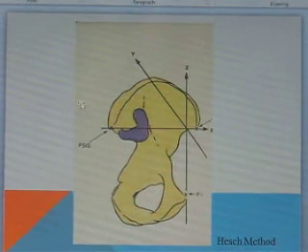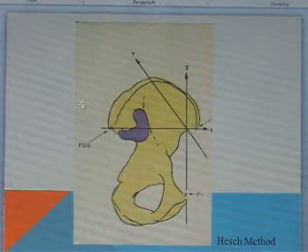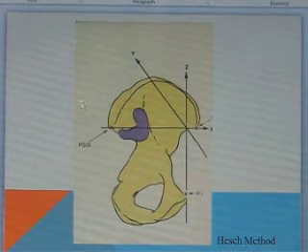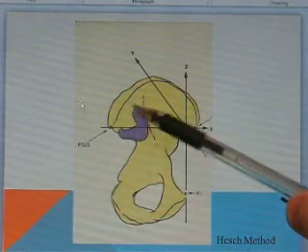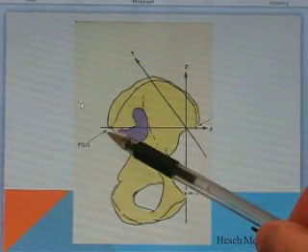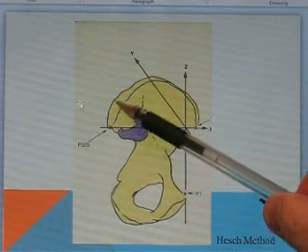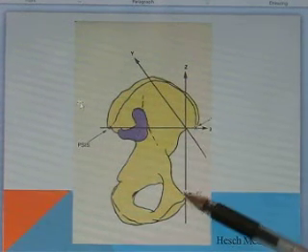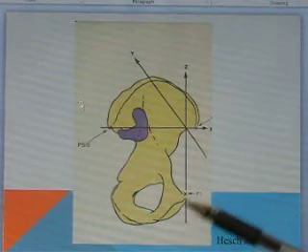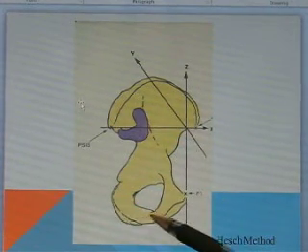Now this is an inside view of the left hemi-pelvis. So what we have here is the articular cartilage on the ilium, which is hyaline cartilage. So the PSIS is right here. Here's the iliac shelf, and here is the ASIS. The pubic joint is right here, and the ischial tuberosity is down here.